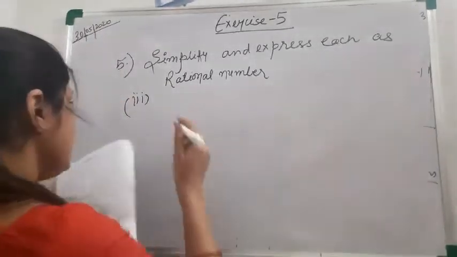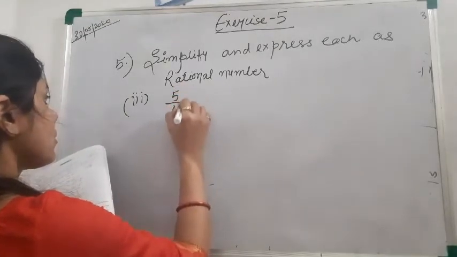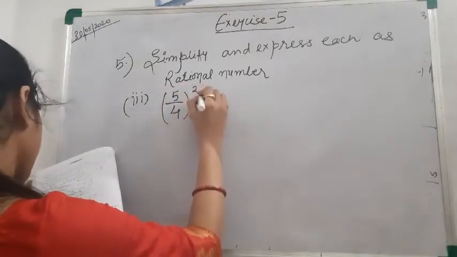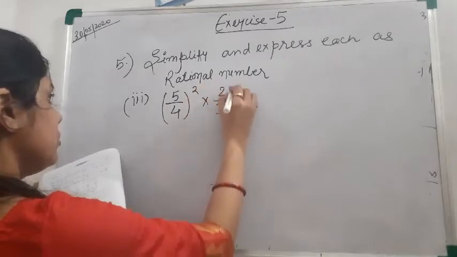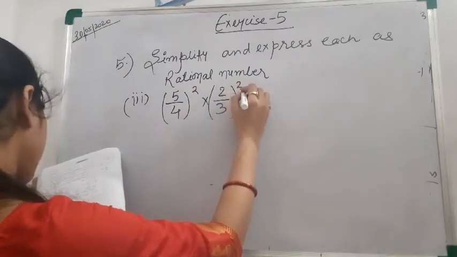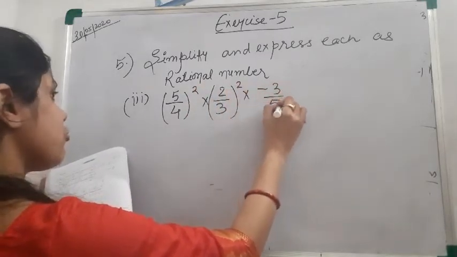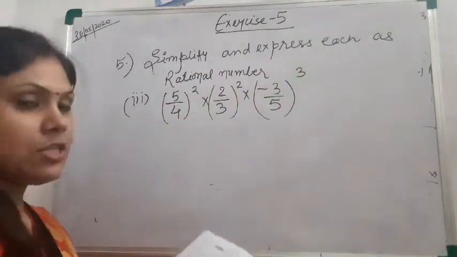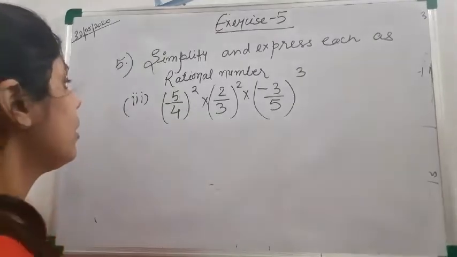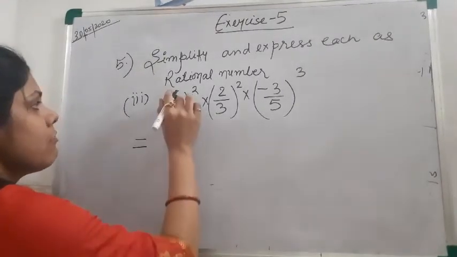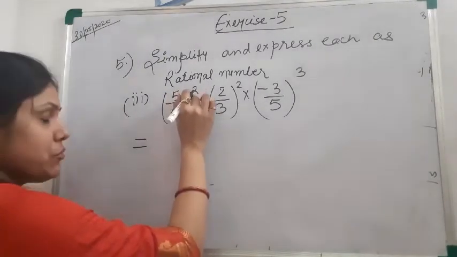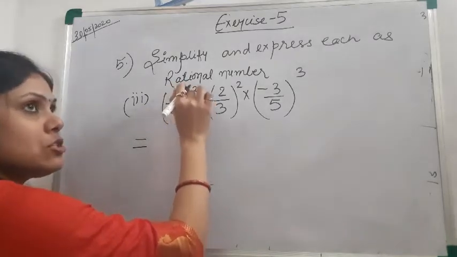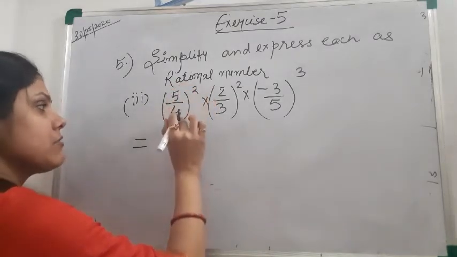So the 3rd question is (5/4)^2 times (2/3)^3... minus (3/5)^3. This you have to solve. So once again, (5/4)^2 means the power of 2 is on 5 as well as 4.